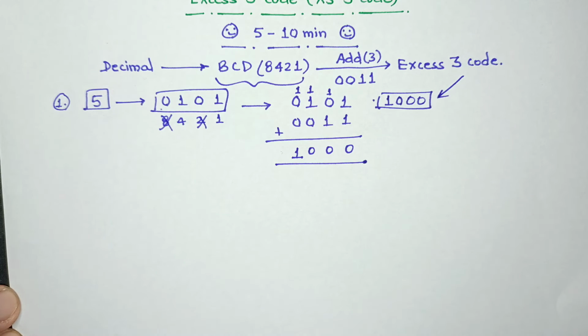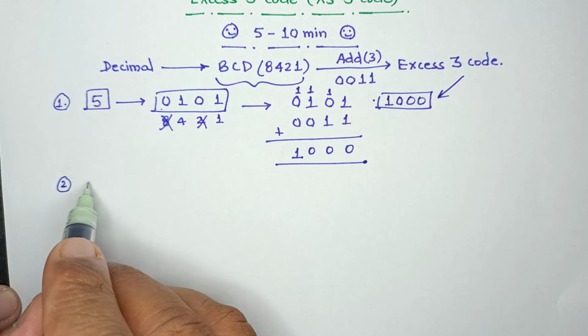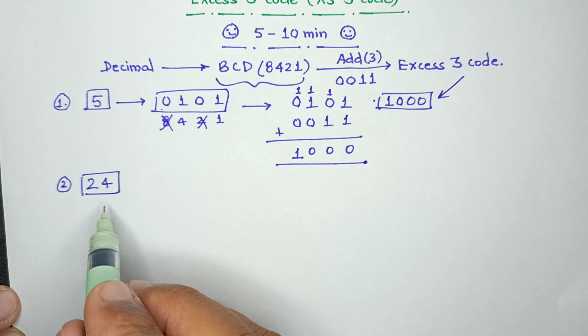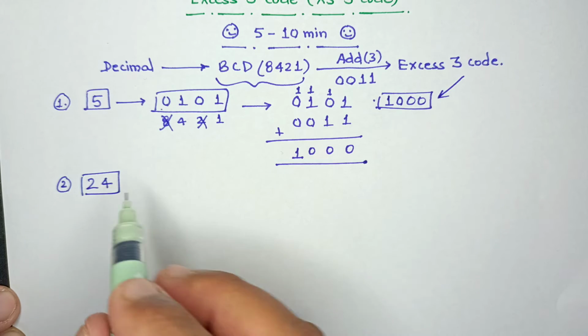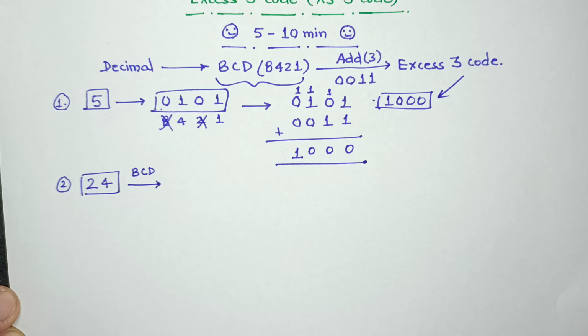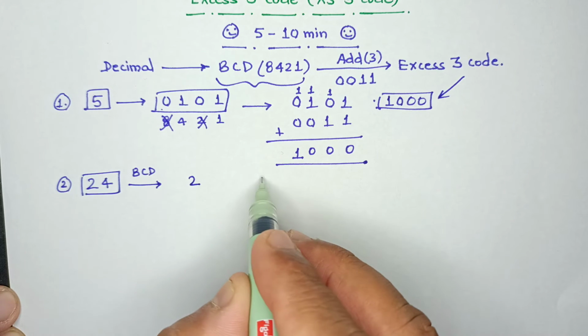Now let us take one more example, a double digit number, 24. If we want to convert this into an XS3 code, we first need to convert it into its BCD equivalent. In 24 we have 2 and 4.